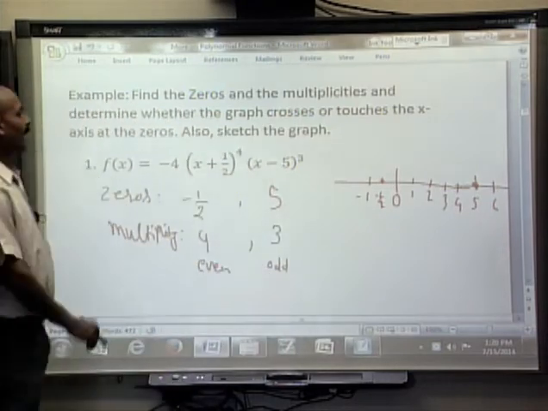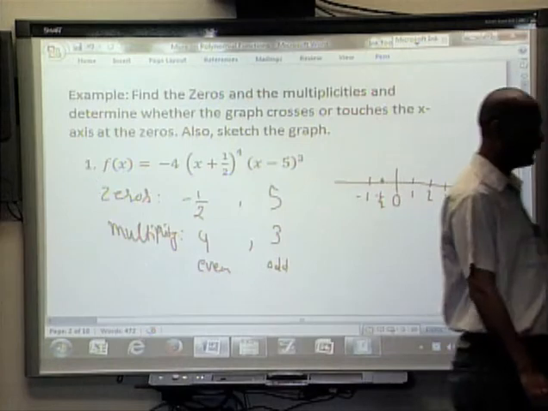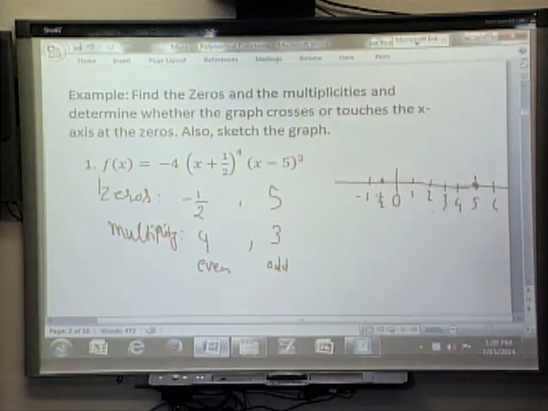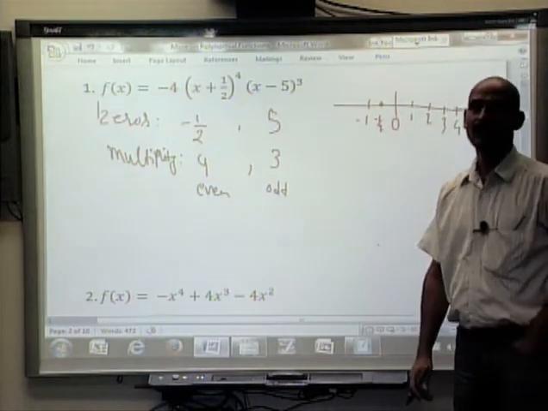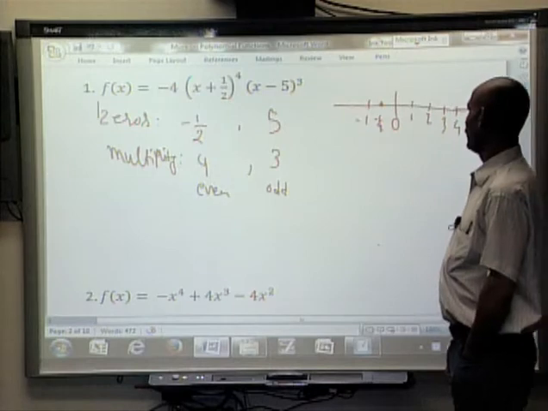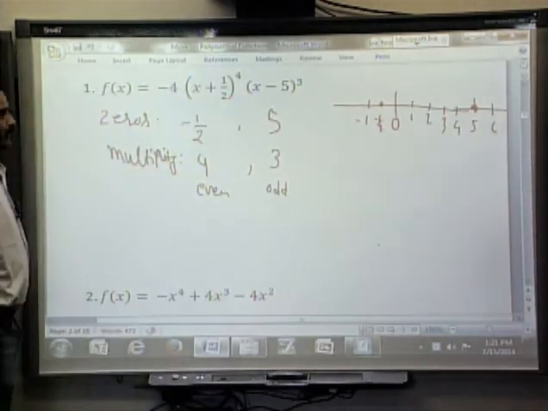Now, if we could decide the end behavior of this polynomial function, we can graph a good sketch of this polynomial. So, let us think of the end behavior.